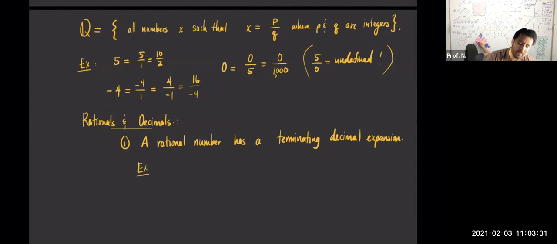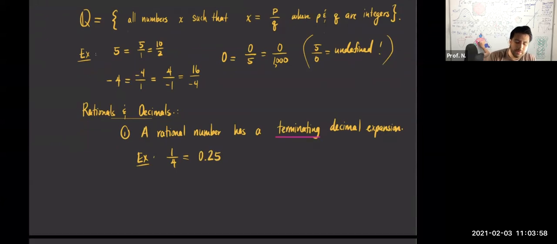Example: 1/4 is the same thing as what, in decimals? 0.25. So by terminating, I mean there's an ending. It stops. 1/4, 0.25, stop.